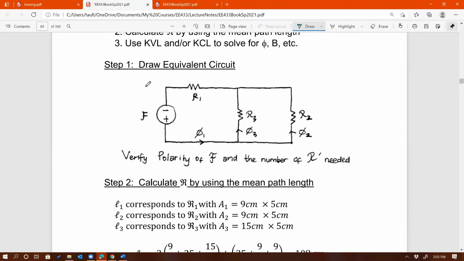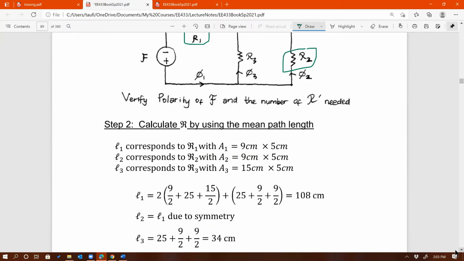So here's the equivalent circuit as I explained earlier. There are 3 different segments: the left, the right, and the middle, or the center. Reluctance on the left side, R1, should be equal to the reluctance on the right side, because they have the same length and the same depth.